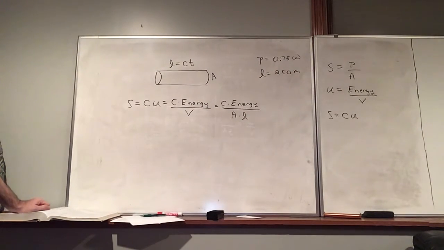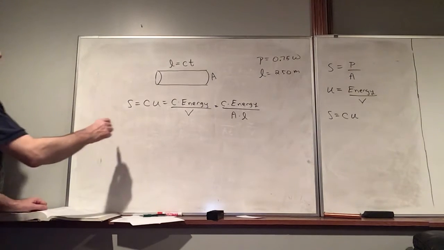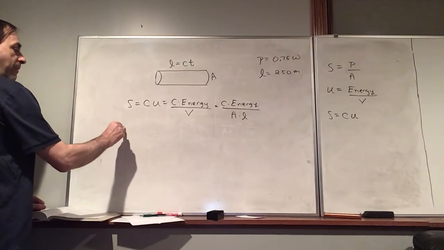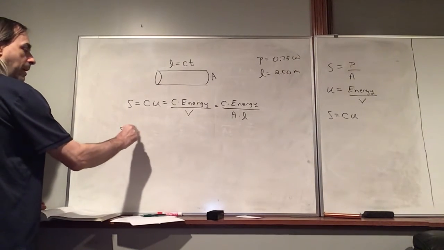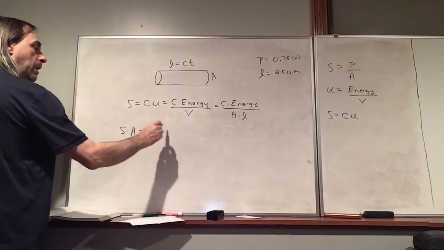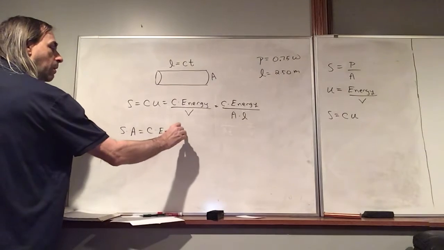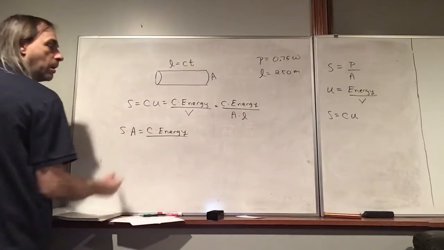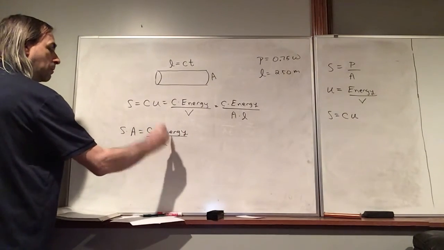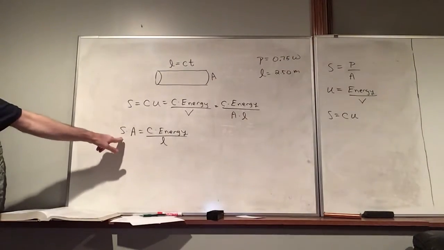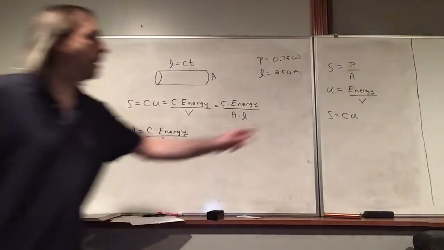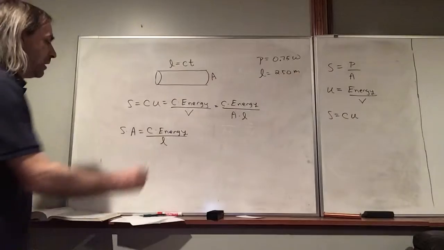So what I want to do now is multiply both sides of this equation by A. So we have S times A is equal to c times energy divided by L. And the intensity times the area is the power.